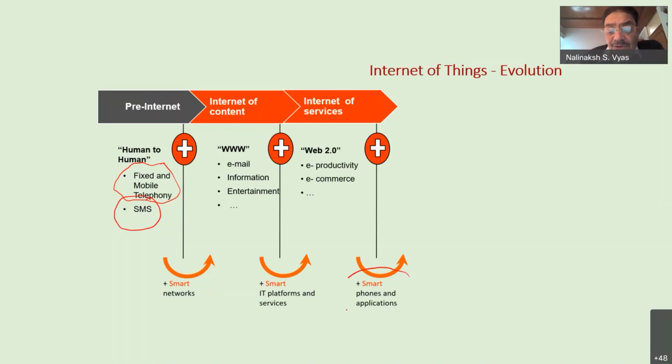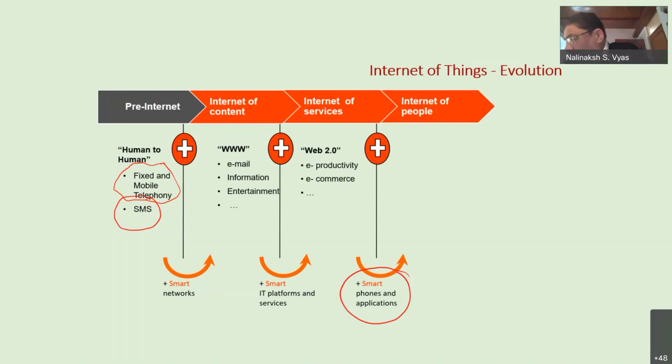Then through smartphones and applications, where your phone became a TV, where your phone itself became a post box, where your phone became a camera, your phone became a temperature sensor and an acceleration sensor, and practically everything.